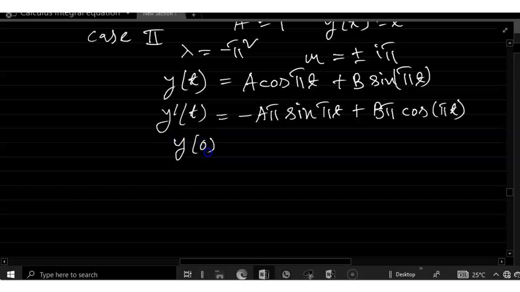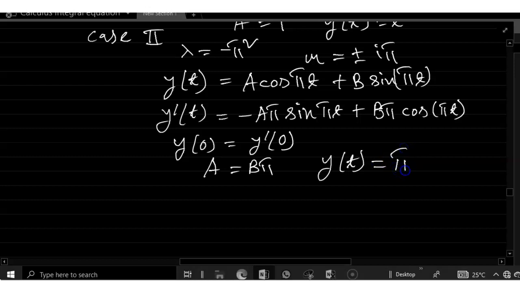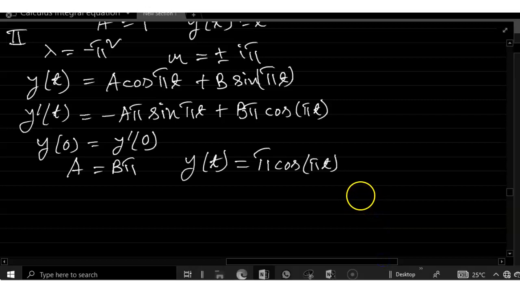So y0 equals y dash 0. So a equals, so yt equals pi cos pi t plus sin pi t.